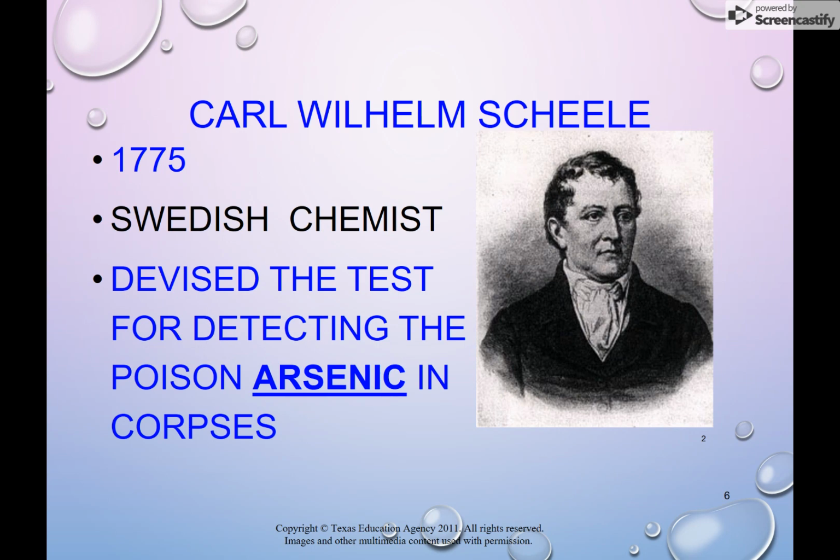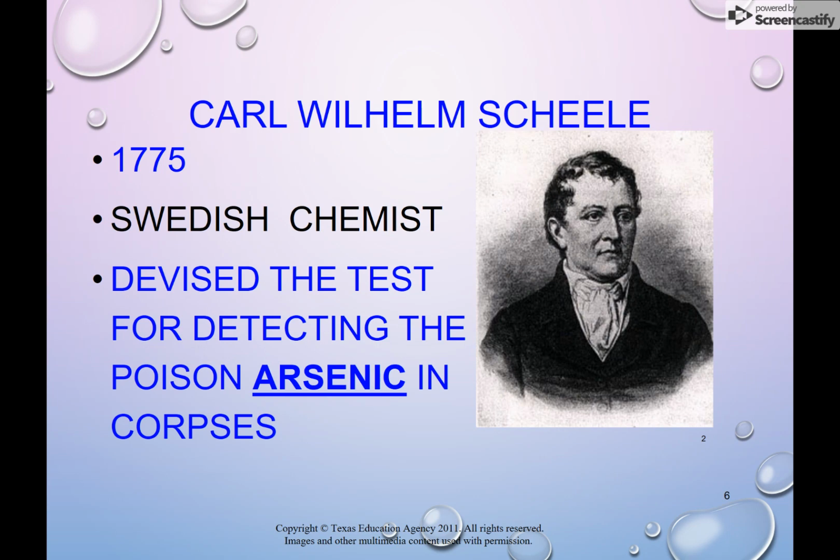Now, the catch for Mr. Scheele's test is that the poison had to be present in large quantities. This did not work if it was a tiny little bit of poison. So they had to have been poisoning you for months at this point for him to be able to tell, once you were dead, that you had been indeed poisoned.